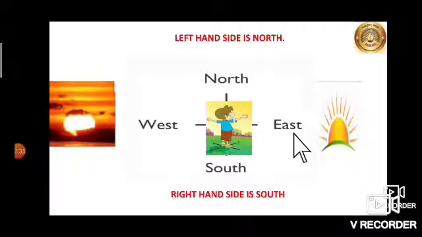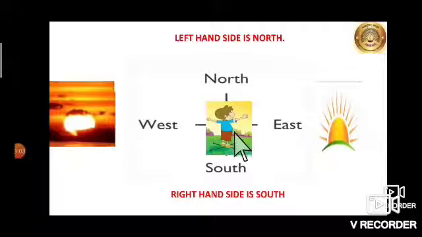Sun rises from the east direction. Now suppose a boy is standing here and facing the east direction, the opposite direction to east is the west direction. It is behind the boy's back, that is the west direction. East and west are opposite directions, and west is the direction where the sun sets.